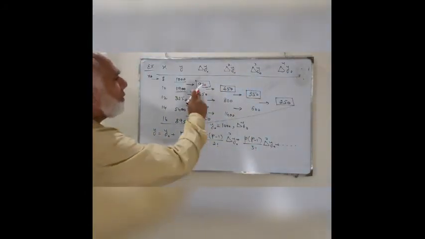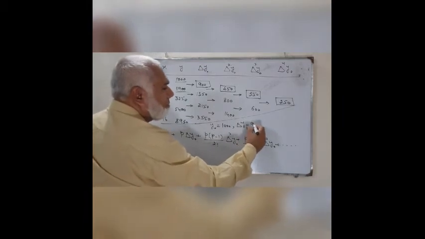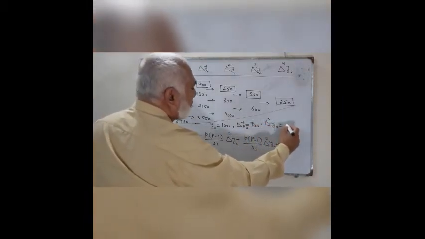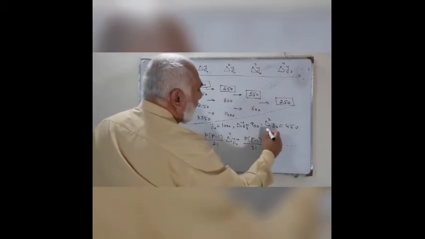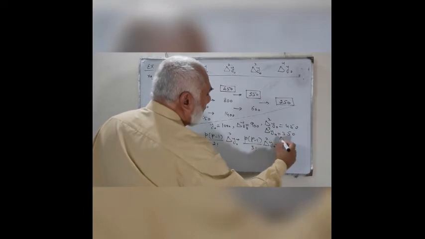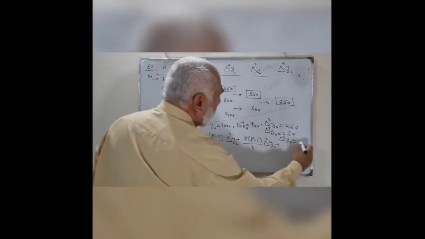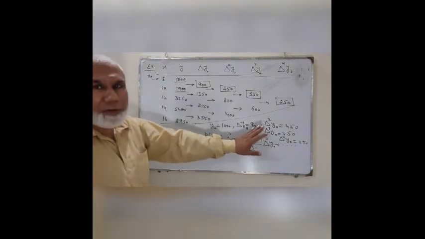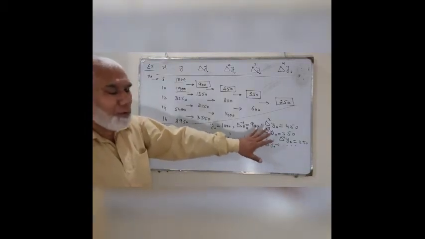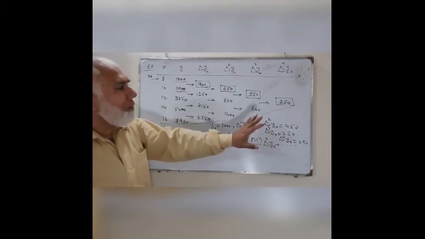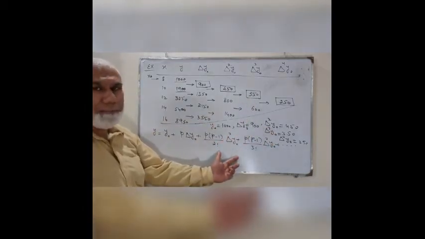Delta y0 is 900. Next, delta 2 y0 is 450, delta 3 y0 is 350, and delta 4 y0 is 250. So these are the values. You can separate them into your notebooks and write them neatly. These are the values you have to use for your calculations.